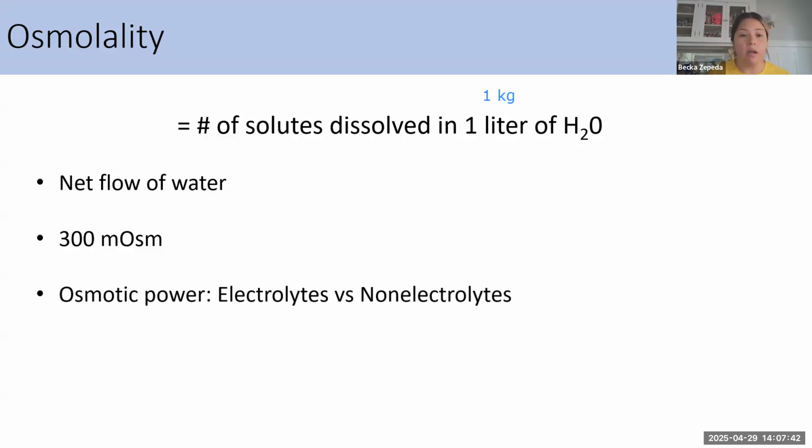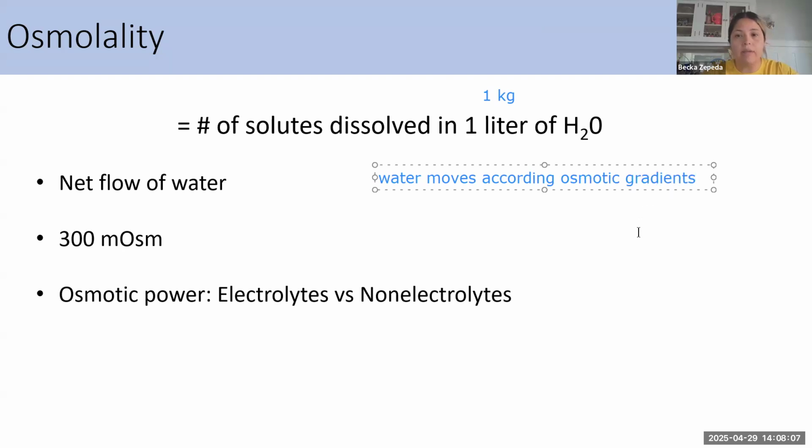So now we're going to talk about osmotic power in electrolytes versus non-electrolytes. One thing you should already know, this is review from B32, and we talk about it all the time, is that water moves according to osmotic gradients. That means it's going to move from an area that has a lesser osmolality to a greater osmolality.